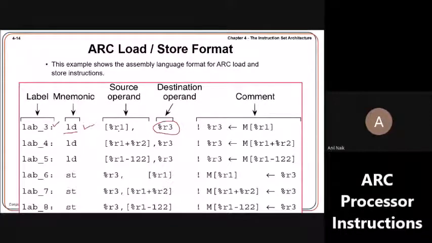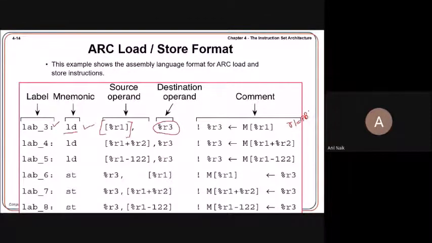We are loading the R3 register from the content of the memory location that is specified in the register R1. This bracket indicates the memory location that is available in which register? The R1 register. R1 is a 32-bit register, which means 8 hexadecimal digits should be there. So 8 into 4, 32.